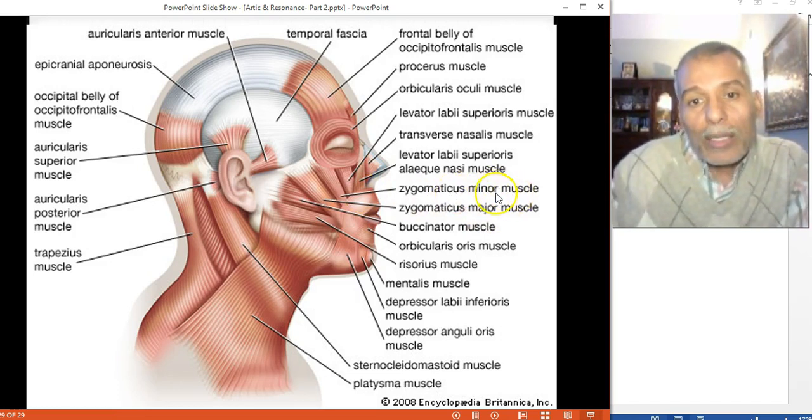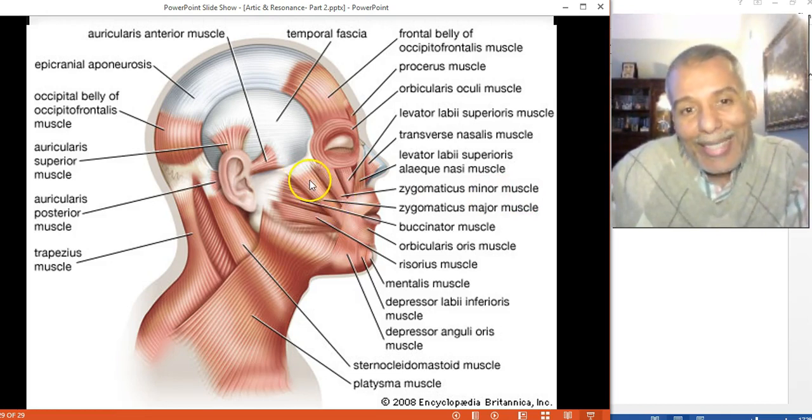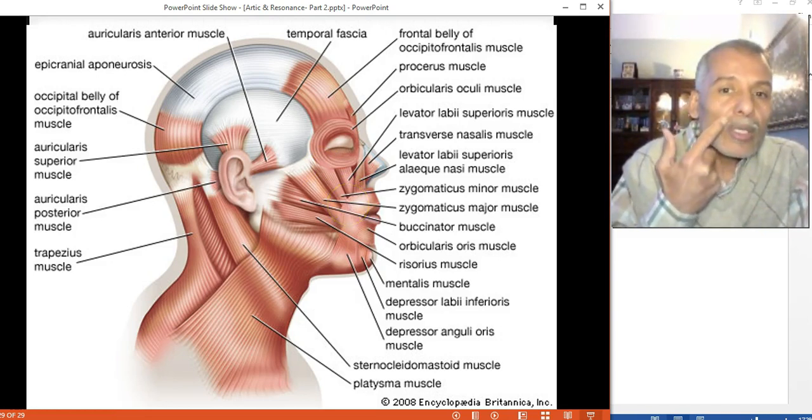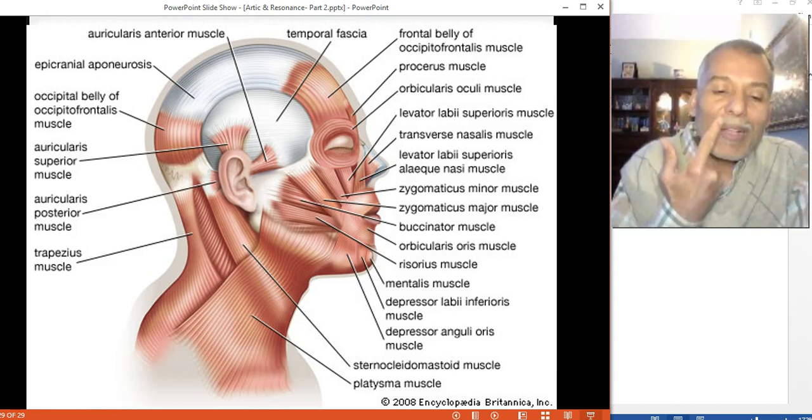It lies next to and is smaller than the zygomaticus major, and the insertion point is on the front of the lip itself, but lateral, a little bit lateral.